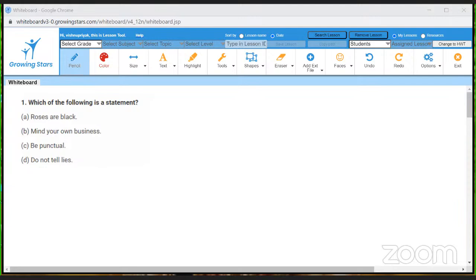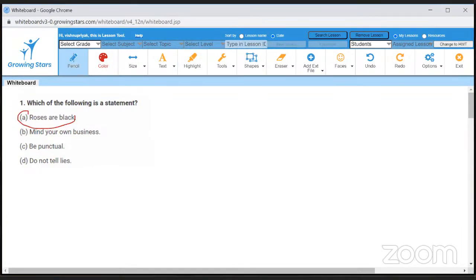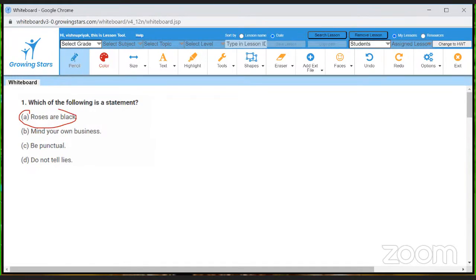One person got the answer. Kumar is saying B. Lohit is saying A. Two different answers. See, A is the correct answer, because you can say it is true or false.